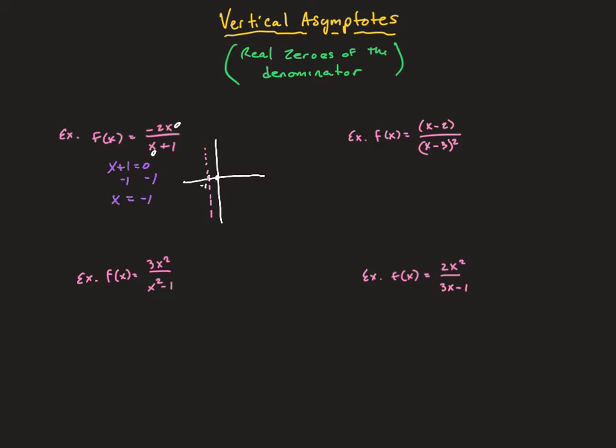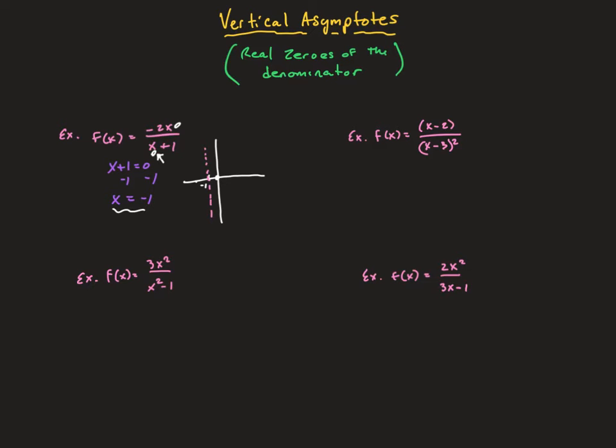And when x is negative 2, we're going to have a negative number. But anyway, just throwing some numbers in there to figure out how to graph it. This function can never be negative 1, because if we plug negative 1 in for x, it would be an undefined denominator. So my vertical asymptote is negative 1.